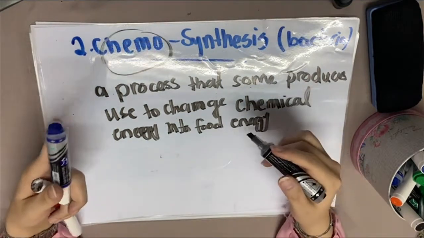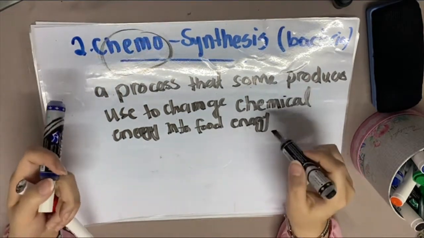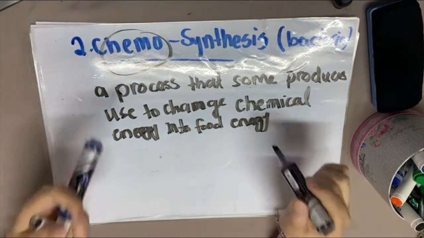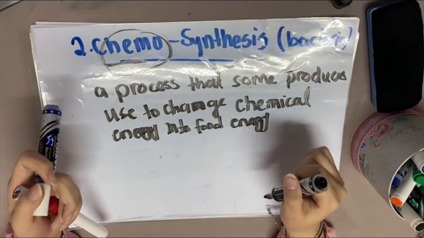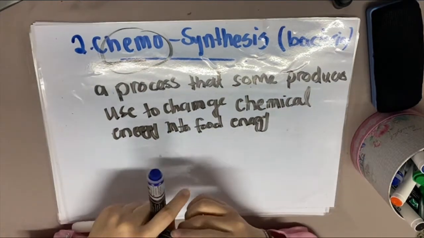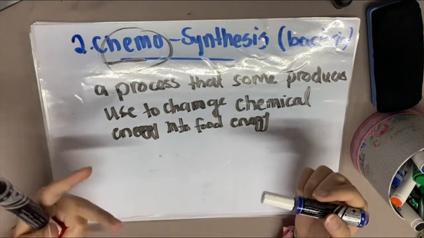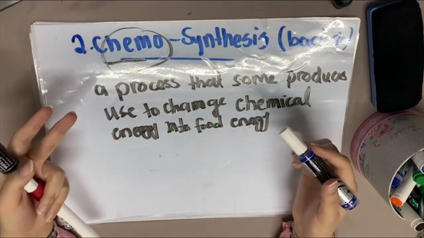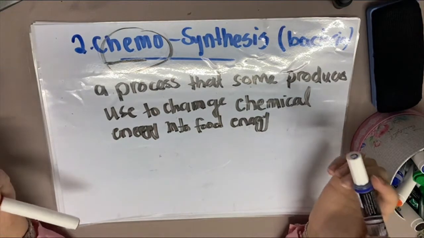So, what's different here, keep in mind again, chemo and photo, they use chemical energy, not light energy. So bacteria make their food from chemicals. Because a lot of bacteria live deep in the ocean, near the ocean floors, or near volcano vents, which is why they use chemosynthesis to obtain food.